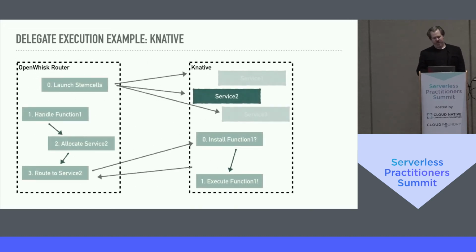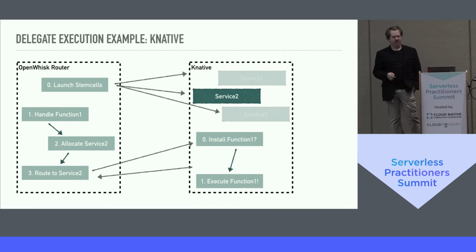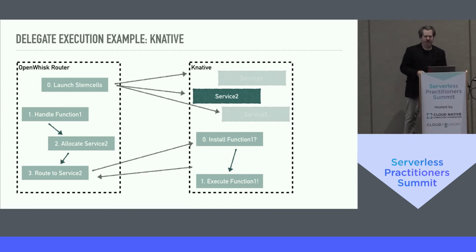So if we look at this visually, it's a little bit simpler. We have the OpenWhisk router on the left side here, where at step 0, when the router starts up, we allocate some stem cells, and these surface in Knative as separate services that are unallocated.